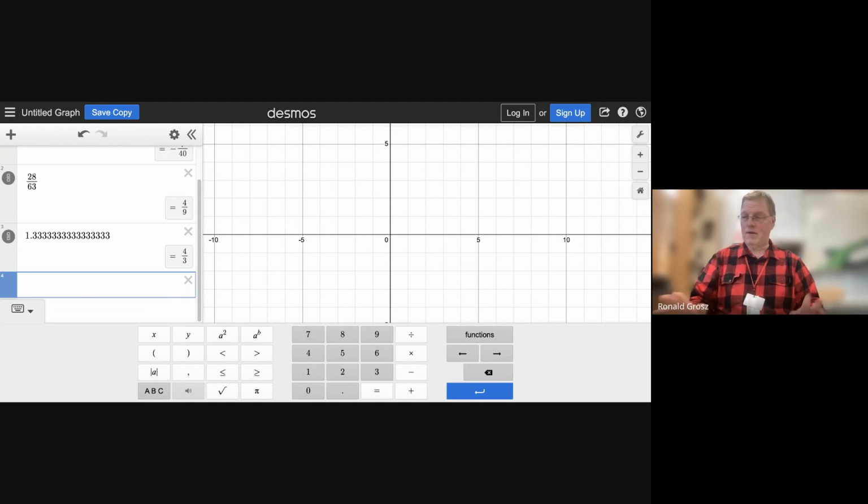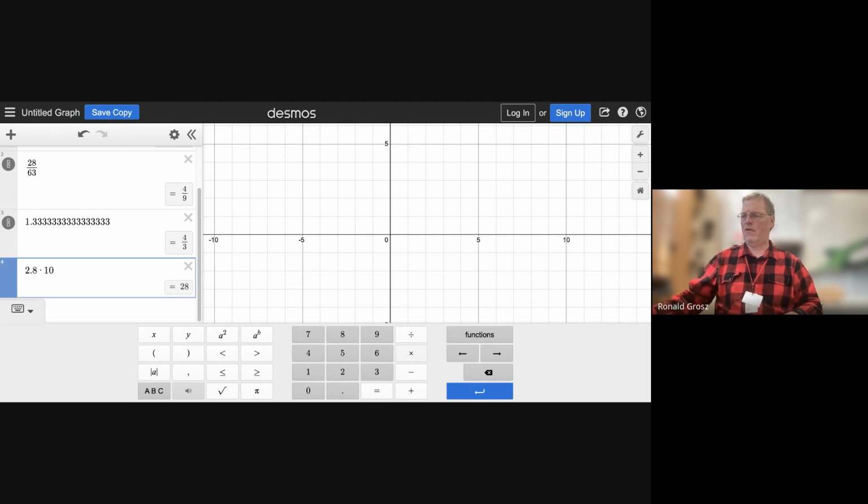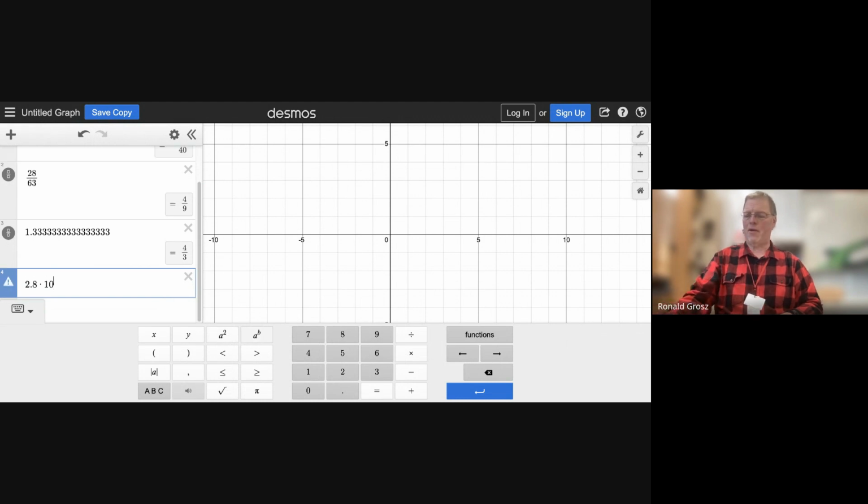There are other things it does. Scientific notation is very common with it. So if you had to multiply 2.8, I put a point there, to the 10th power times 10 to the, doesn't matter what power, you could square it or you can add to whatever power you'd like.